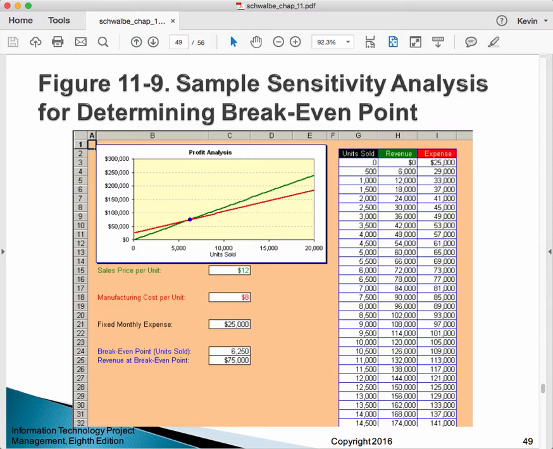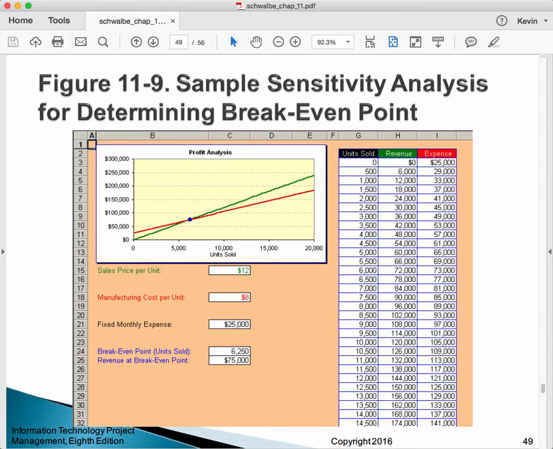Okay, so here's a sensitivity analysis that's using Excel, I believe. And this one is pretty sophisticated because what we're doing is, we have a series of assumptions about units sold.